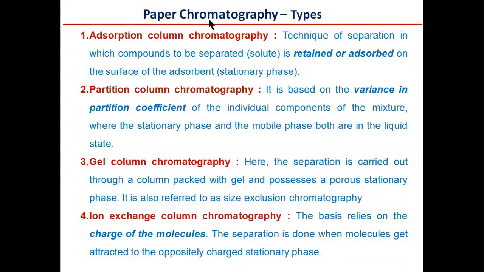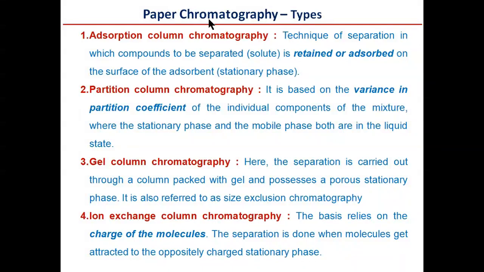The third one is gel column chromatography. Here the separation is carried out through a column packed with a gel and possessing a porous stationary phase. It is also referred to as size exclusion chromatography.